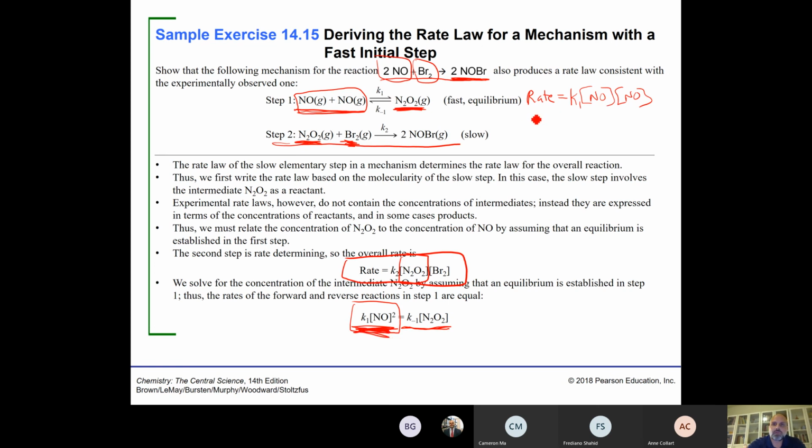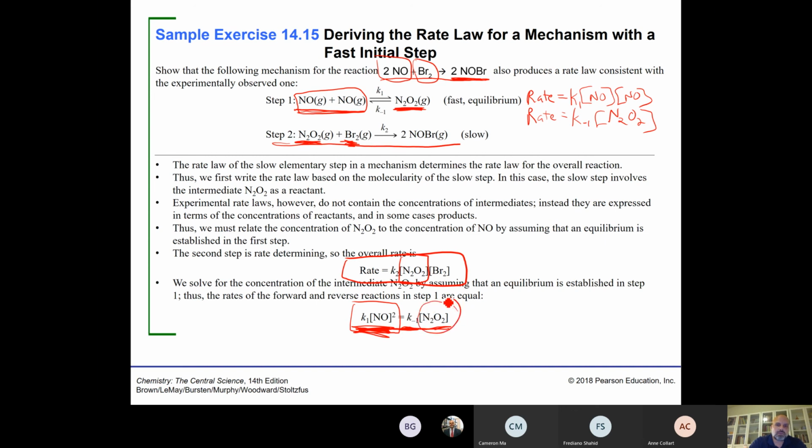We also know that the rate of that first reaction is equal to K minus 1 times the N2O2 concentration, because it's an equilibrium reaction. Since they're in equilibrium, the forward rate and the reverse rate have to be equal, so we can set them equal to each other.